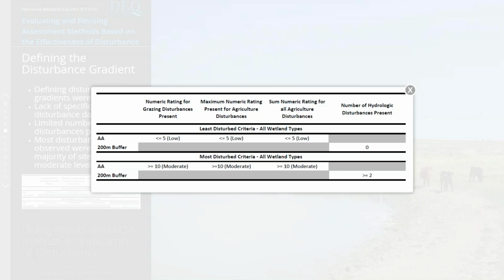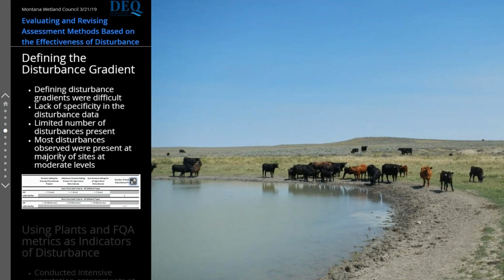What we instead use is the scope and the impact of grazing, the number of agricultural stressors, and the max numeric rating of ag stressors in the analysis area. And same with disturbance. Very fine tolerances, if you'll see.